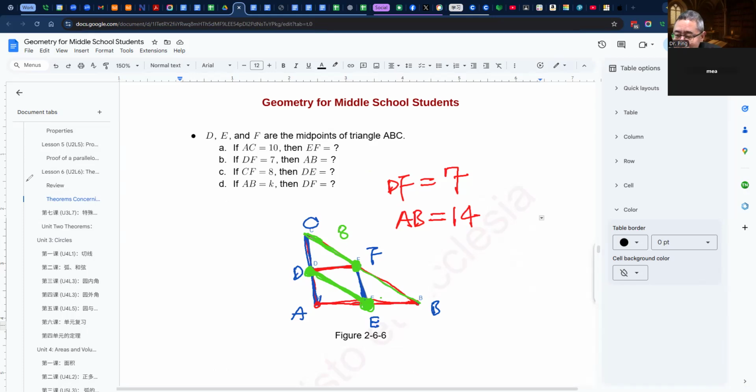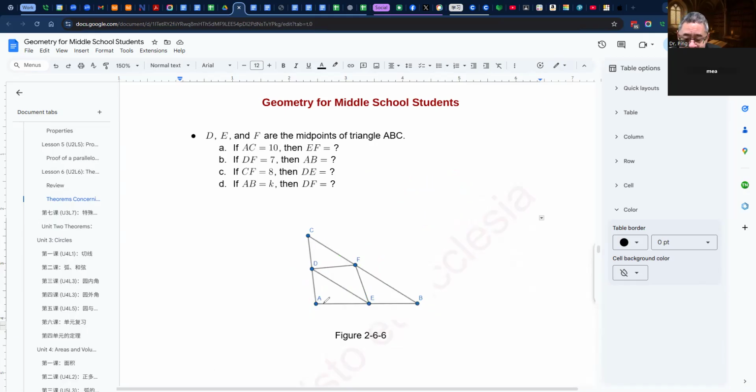Very good. Let's do our last one. If AB is equal to K, we call it K. What happens to DF?